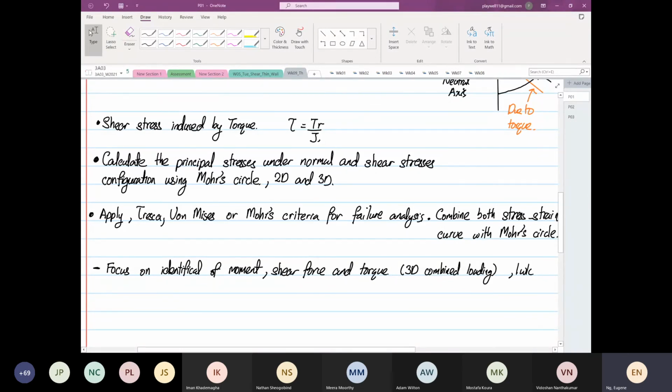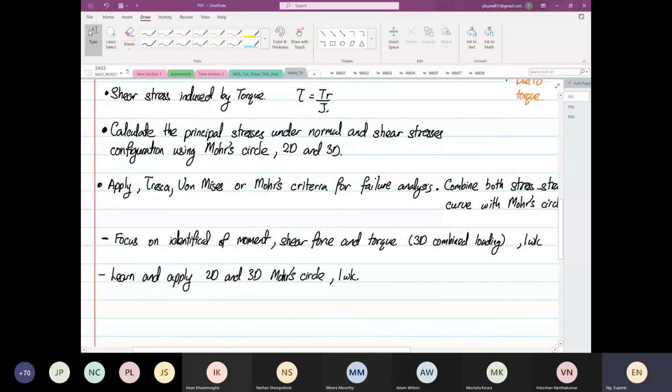Then after that, we are going to learn and apply 2D and 3D Mohr's circle. That will take another 1 week.